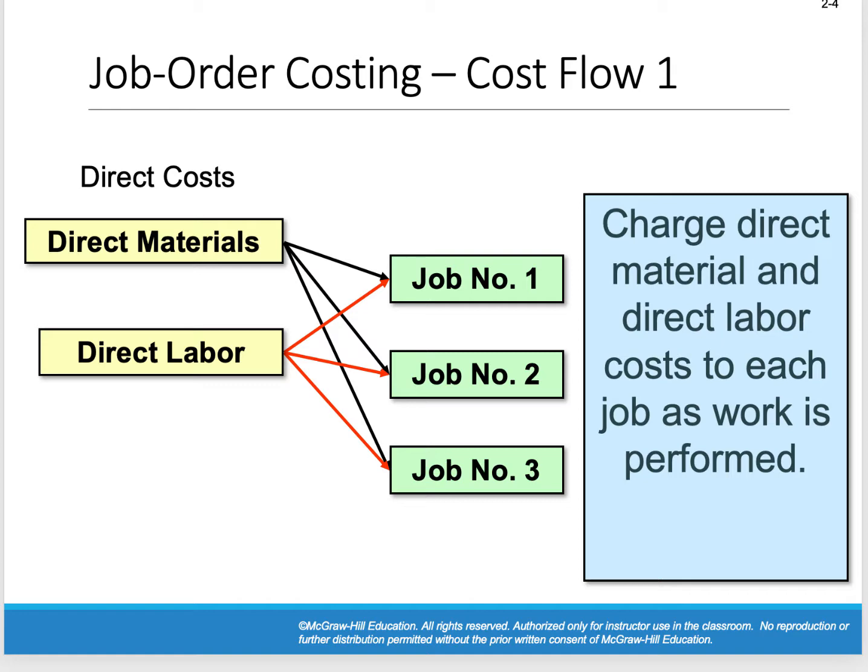Well, what does that mean? Well, let's say job one is Dina's house, right? She wants just a nice little 1-bedroom house, okay? To build that house, there's certain material costs that we're going to need. There's certain direct labor costs that are going to be incurred to build that house, right?